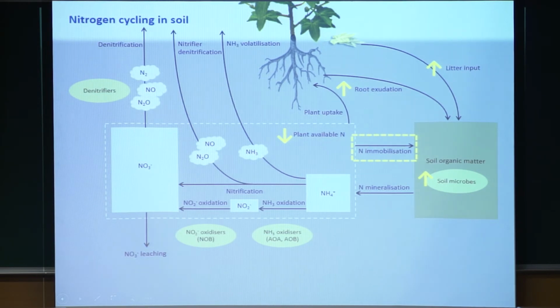Even if you add nitrogen to your system, the role that the soil microbial community plays in nitrogen cycling can overcome to some degree that extra nitrogen that you've added into your system. And of course this applies to all ecological systems.